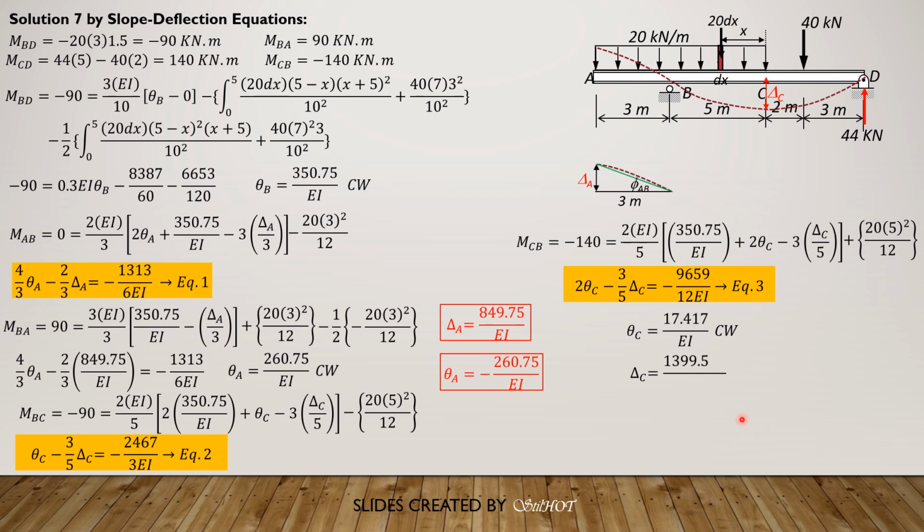And delta C is positive also because our assumption is it's going down, so that the chord rotation is clockwise, 1399.583 over EI, but it is downward, so our assumption is correct. So to finalize the answer, theta C is 17.417. It is clockwise, so it is negative, and delta C is negative 1399.583 over EI, just like before.